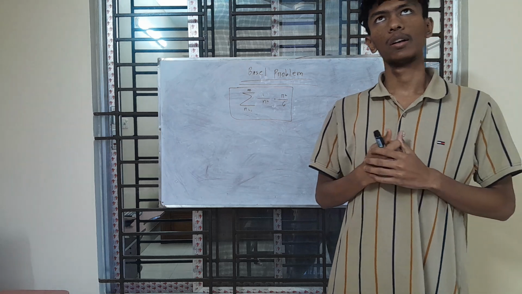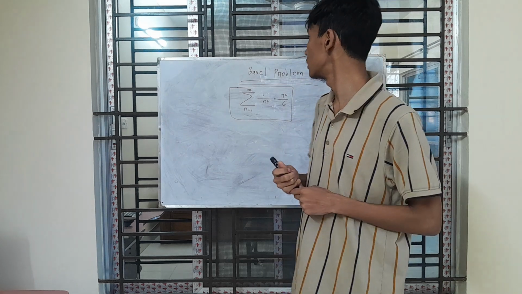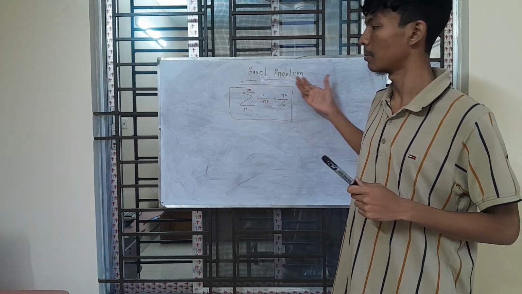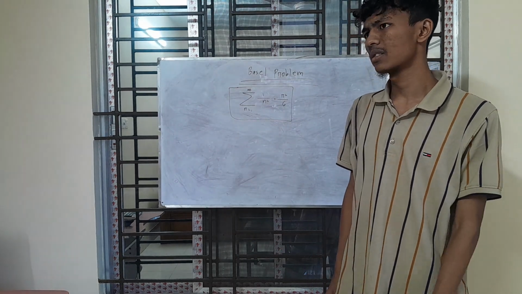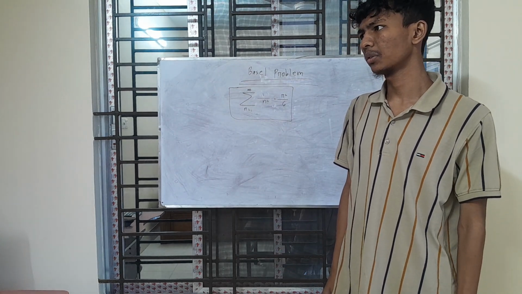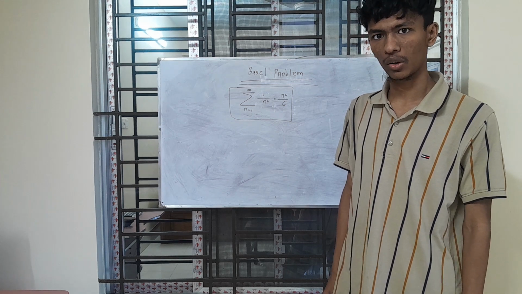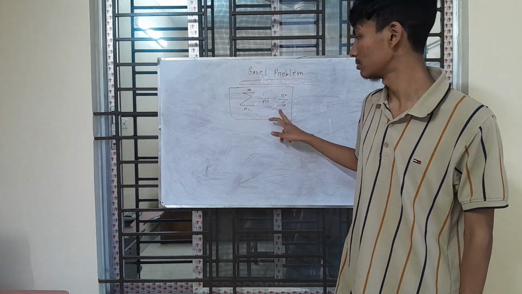Today I will discuss a very famous result in mathematics, that is the solution of the Basel problem. This solution was given by the mathematician Leonhard Euler, and the result was very beautiful.